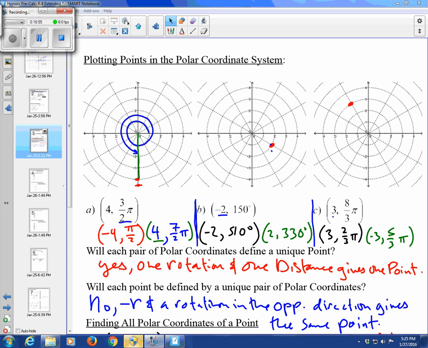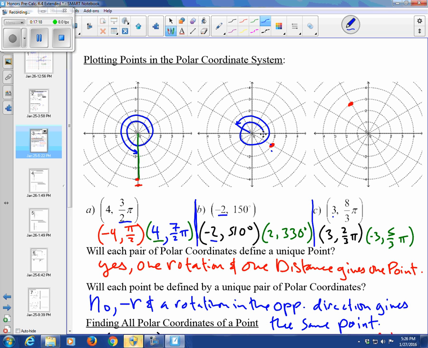All right, guys, so we've got some pairs of polar coordinates to talk about defining the point. So right here, if we've got -2, 510 degrees, 510 is a rotation of 360 degrees plus an additional 150. And that's going to take us to that same rotation.